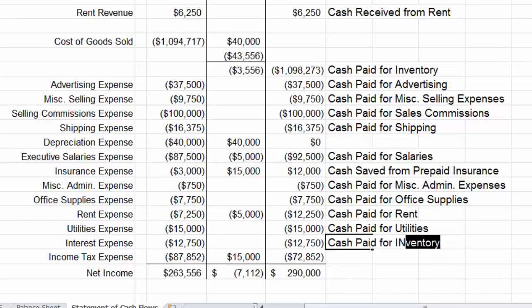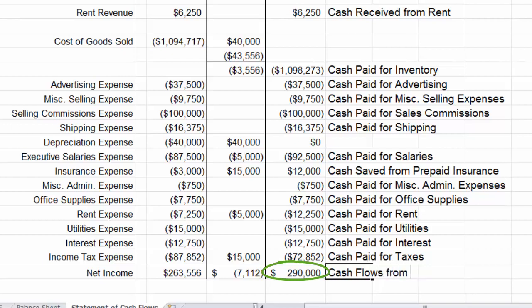Cash paid for interest. And cash paid for taxes. And finally, down here, this net amount, this is cash flows from operating activities, or net cash flows from operating activities, or cash from operations, cash flow from operations. There's a lot of names for it, but it's something about this is the cash from operating.